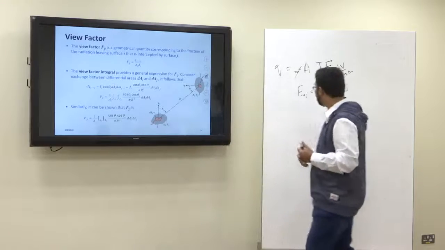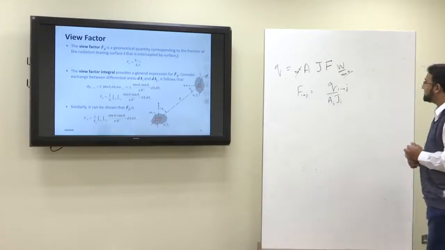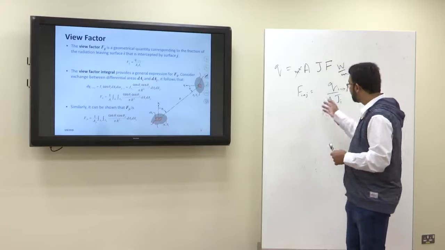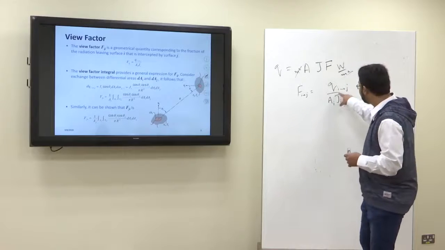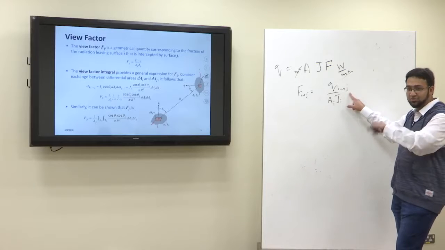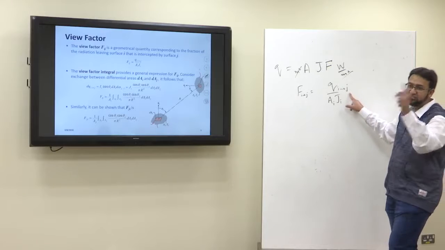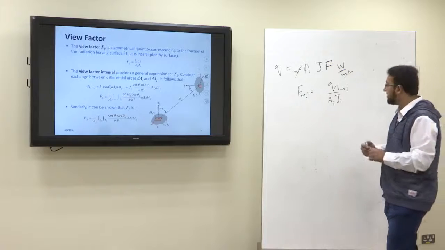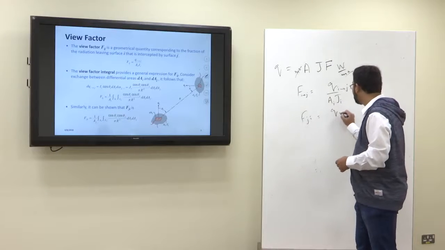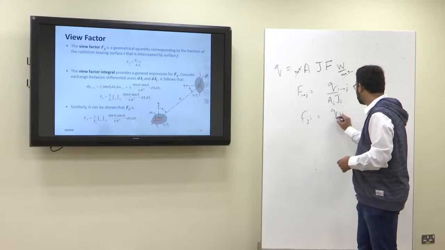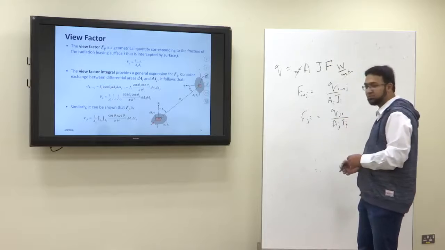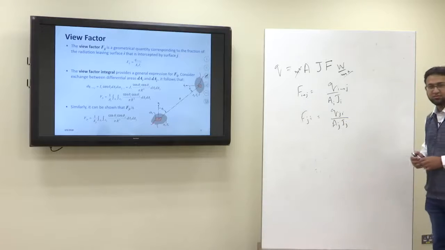This is how we determine it. So we have F I to J, and similarly we can determine F J to I. The amount of energy radiated from I reaches J, but at the same time the amount of energy radiated by J reaches I. So F J I equals Q J I divided by A J J J. Is it clear?